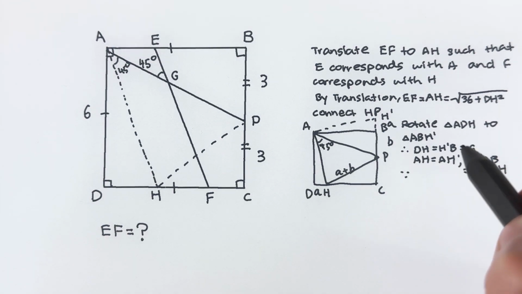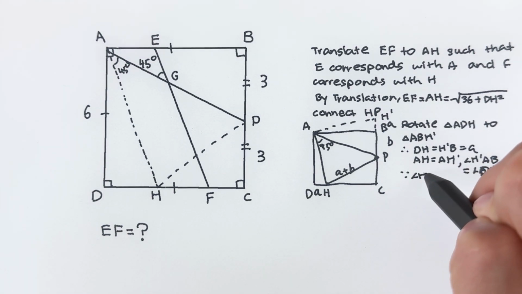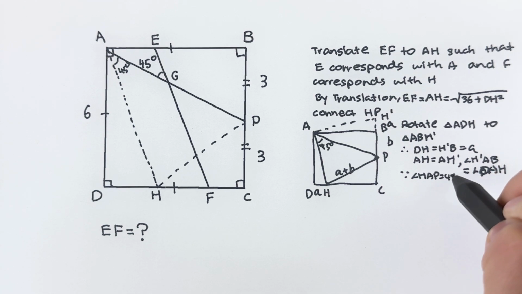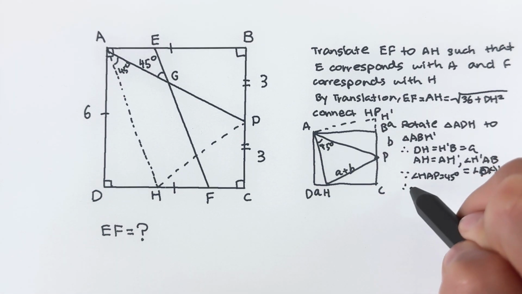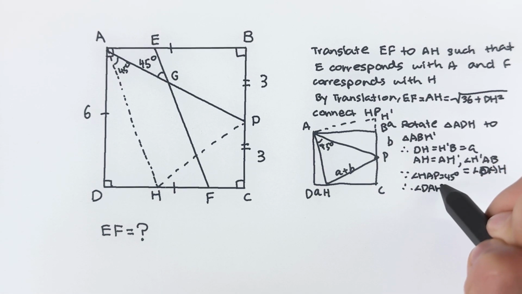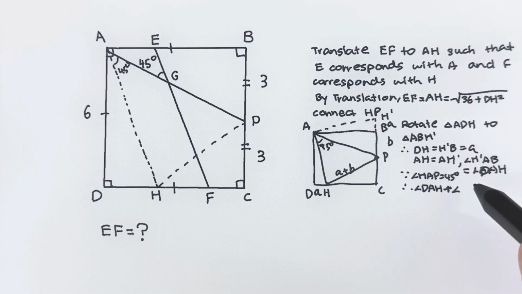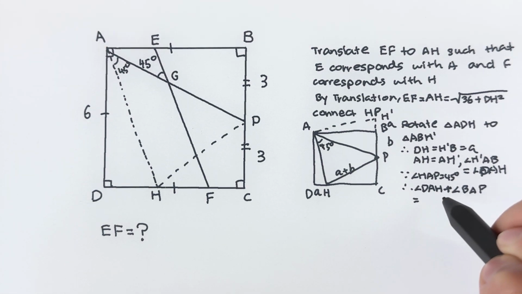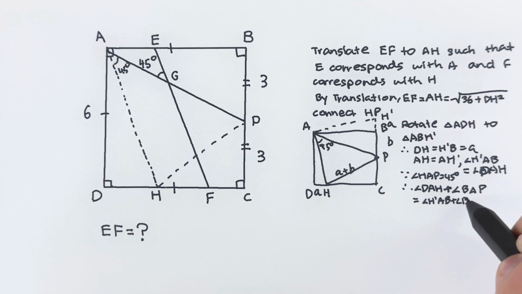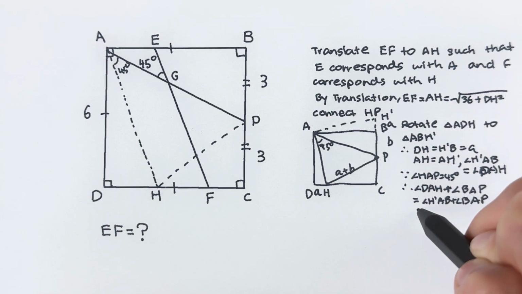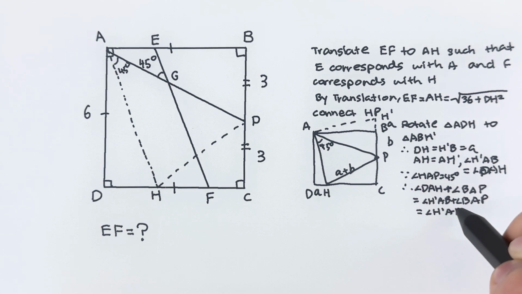So since angle HAP equals 45 degrees, angle DAH plus angle BAP equals angle H prime AB plus angle BAP, which equals angle H prime AP.